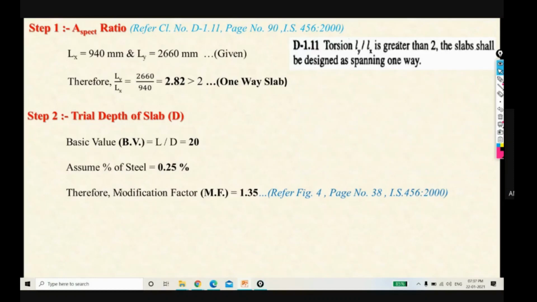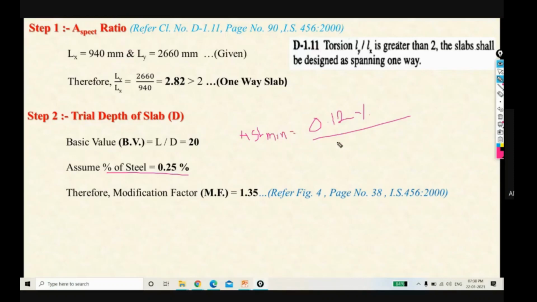Now after that, assume the percentage of steel. Here we have not calculated any reinforcement, correct, but for the calculation of the modification factor, first we have to decide some percentage of reinforcement. Generally we provide minimum reinforcement, that is 0.12% as per the minimum reinforcement clause of IS 456.